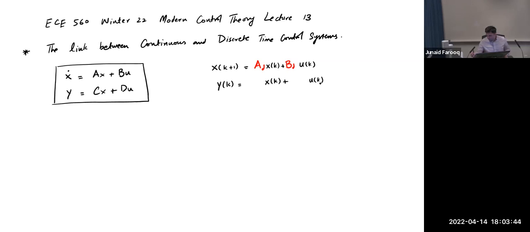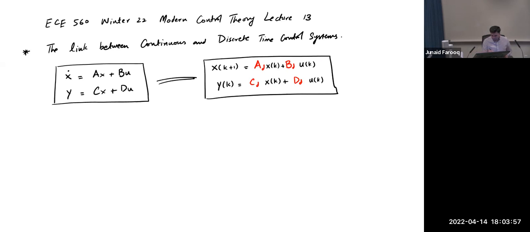So all these A, B, C, and D will be different matrices. So we're going to start to derive this conversion, and let's start with the continuous time system.